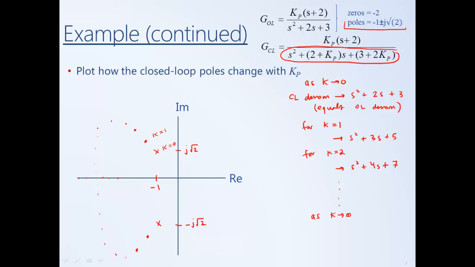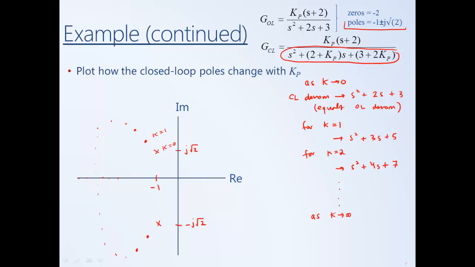And if we look at our denominator, you can sort of imagine that as kp grows large, it will dominate this 2. As this kp grows large, it'll dominate this 3, and it'll also dominate this s squared term, except when s is large. And that'll become more clear later.